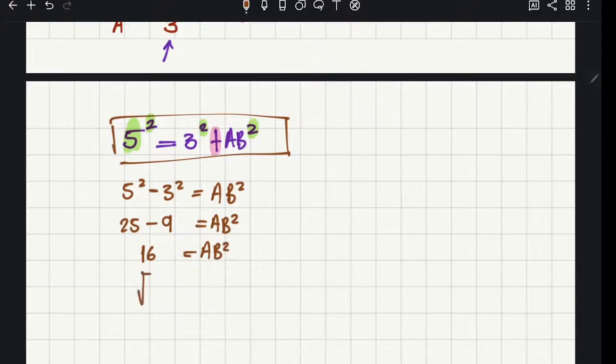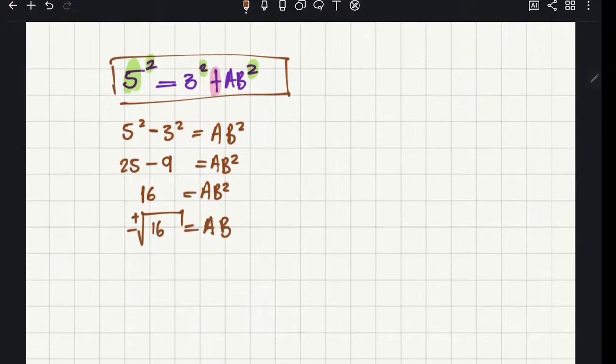It becomes square root of 16. So you get plus or minus, but here we can only take the positive because AB is a length. So it will be square root of 16 is 4. So 4 is your AB. AB is 4.